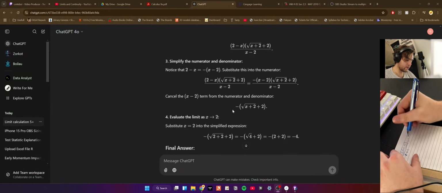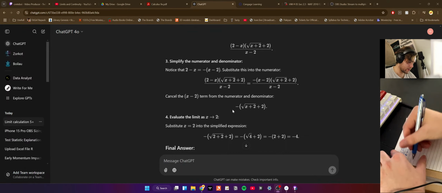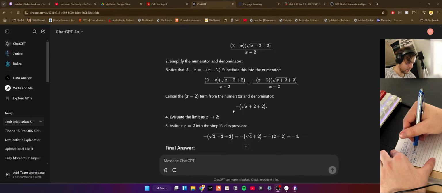We changed that to negative x minus 2 times square root of x plus 2. Then we canceled this out, leaving us with the limit as x approaches 2 of negative square root of 2 plus 2, plus 2.